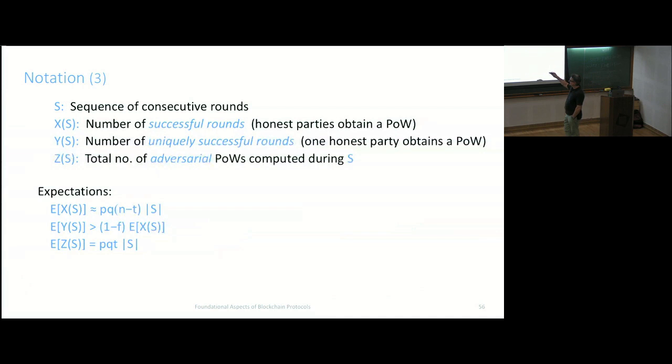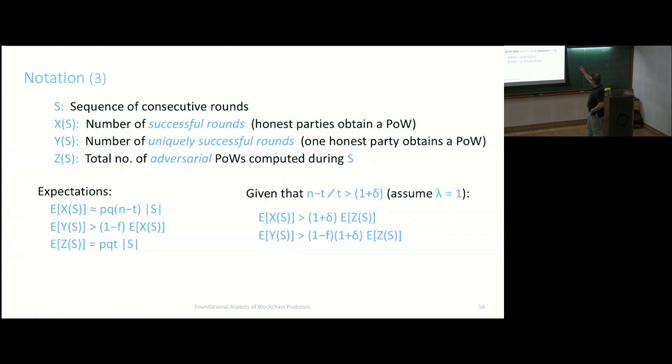The expectation would be, some n minus t honest guys, q queries, that's the probability of getting lucky, times s, the number of rounds that they can try. You get something like this, for at least one, any honest guy. This is for just one guy. This is a more stringent event, so you get something like this, just smaller. And this would be the expectation for the bad guys, similar to that.